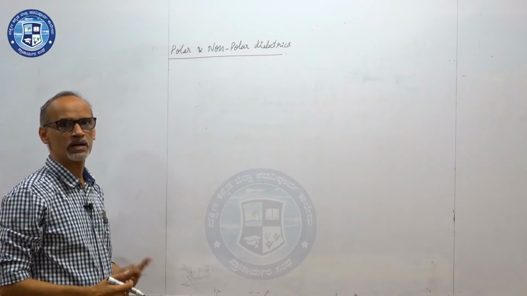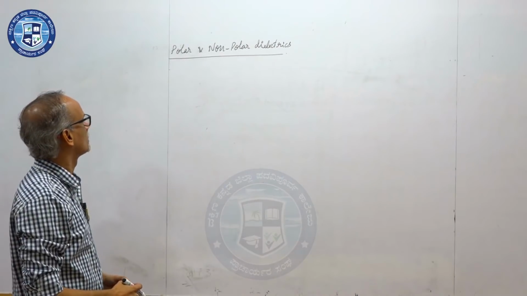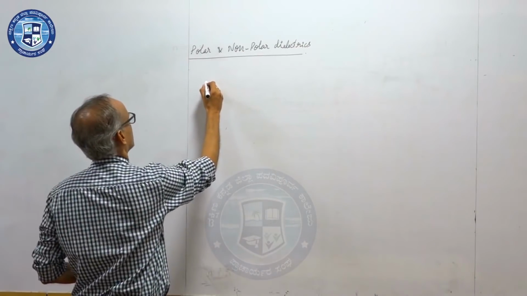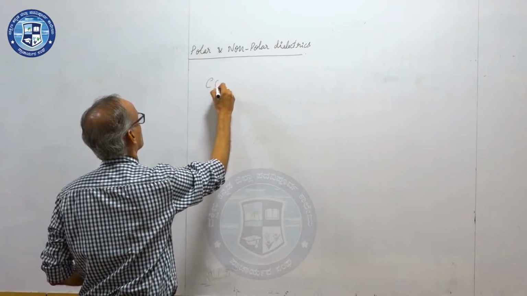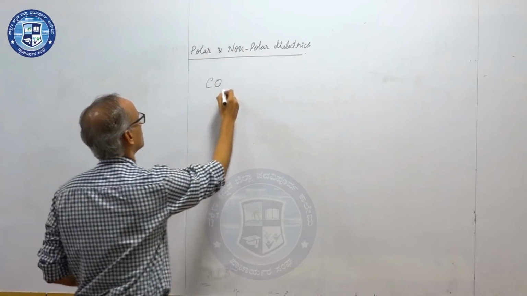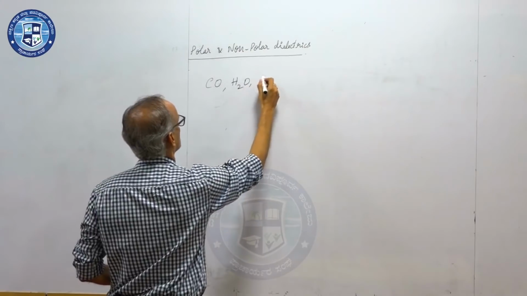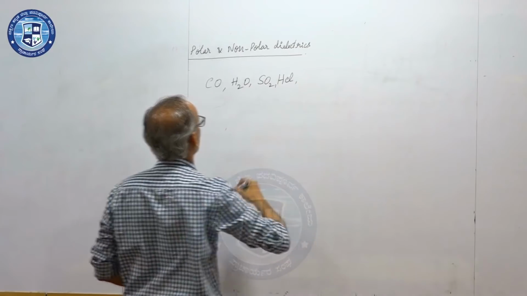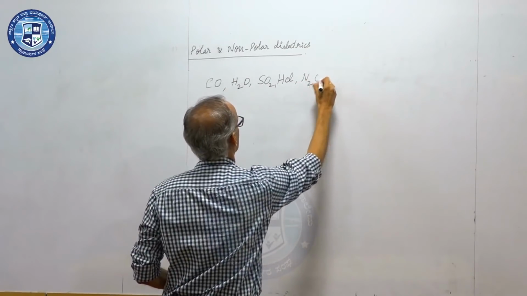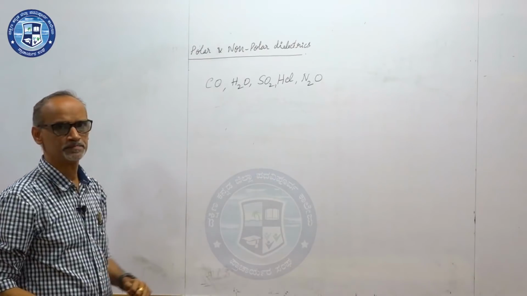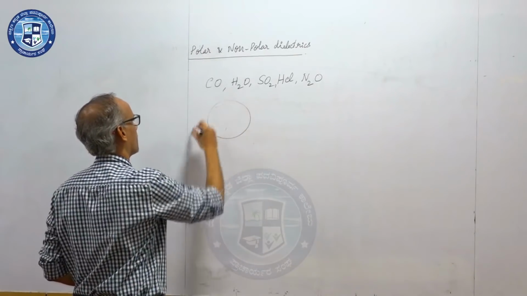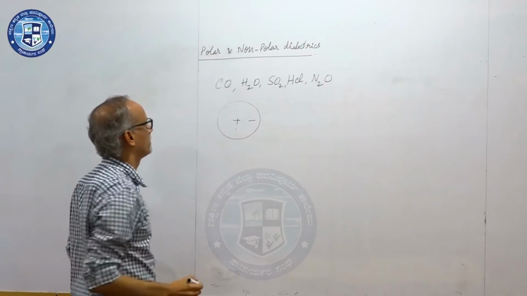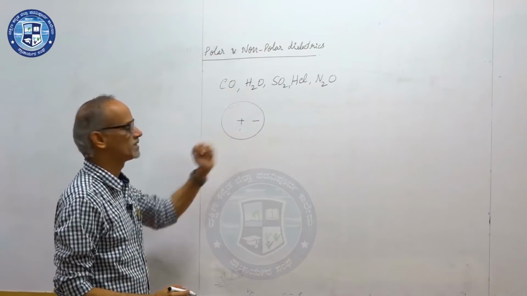Polar and non-polar dielectrics. So, first, what are polar molecules? If I take examples of carbon monoxide, water, sulfur dioxide, hydrogen chloride, and nitrous oxide, in all these molecules, the center of positive charge and the center of negative charge do not coincide.